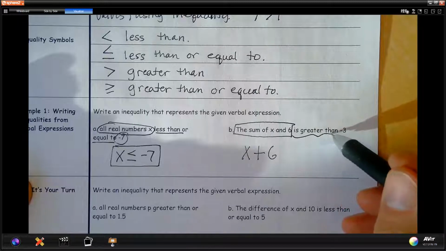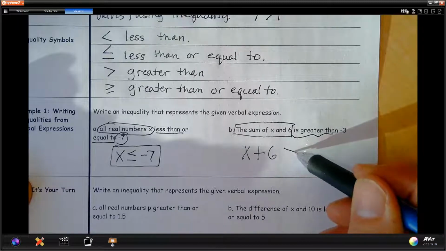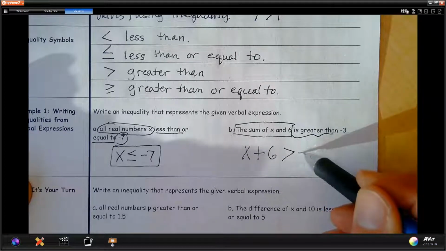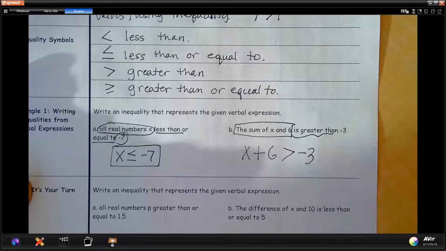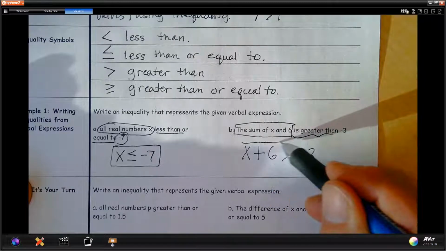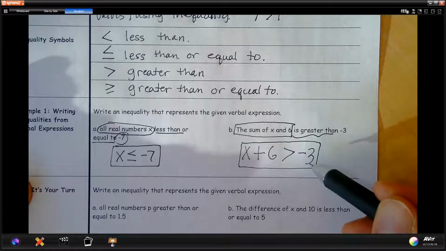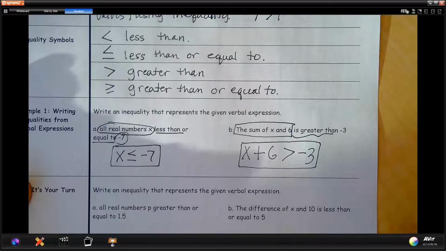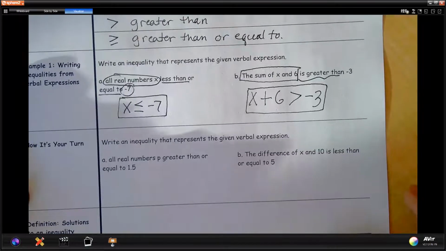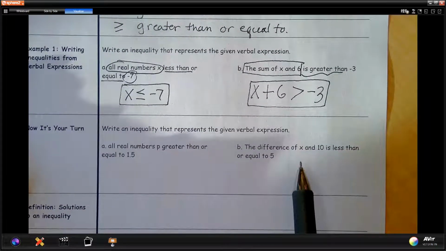And that is greater than, so greater than looks like this, -3. That's it. I'm taking the words in English and translating them into a mathematical inequality. Okay, pause the video and try the next two by yourself, and then when you're ready, start it back up.